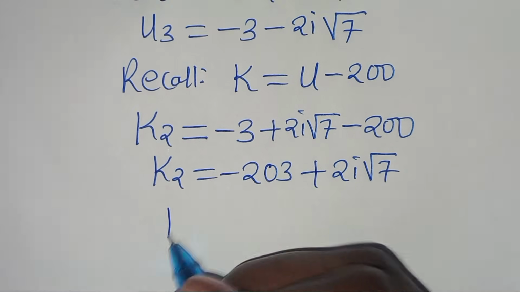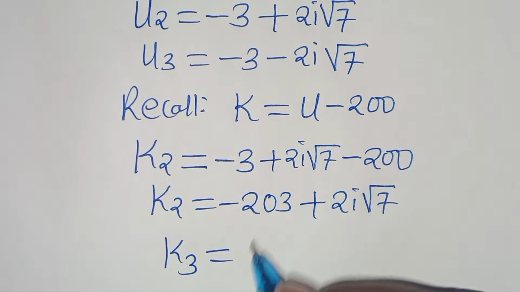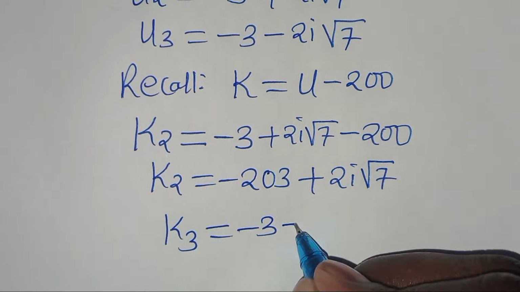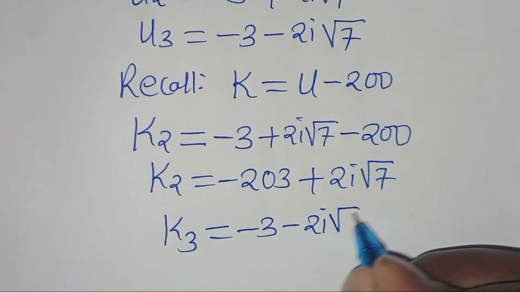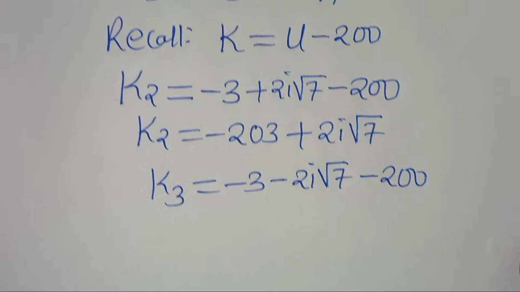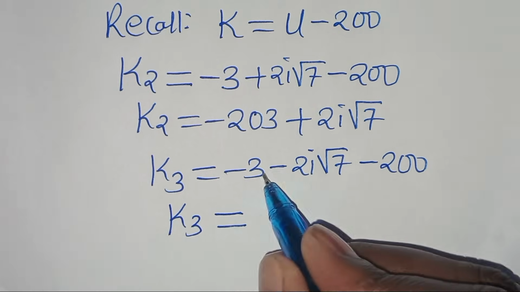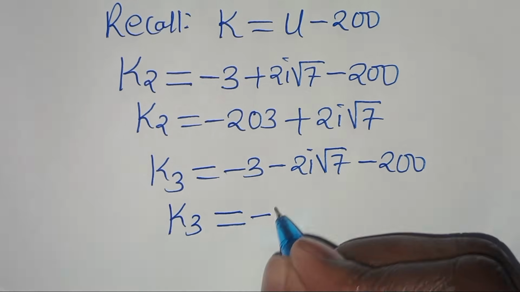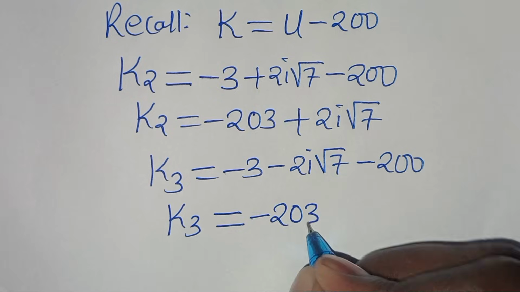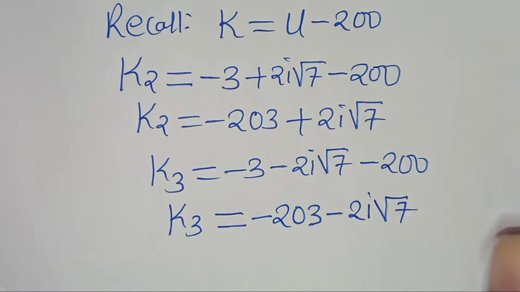Then we have k3 equal to u3, which is minus 3 minus 2i square root of 7, minus 200. This means that k3 is equal to minus 203 minus 2i square root of 7.